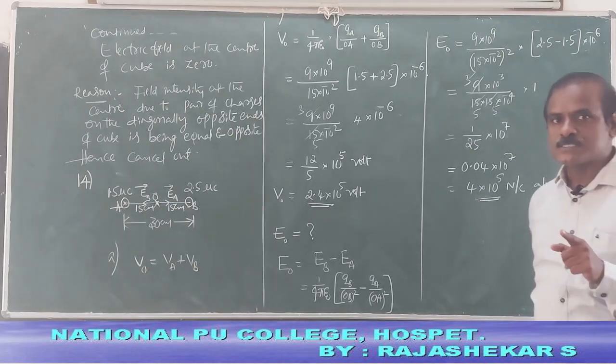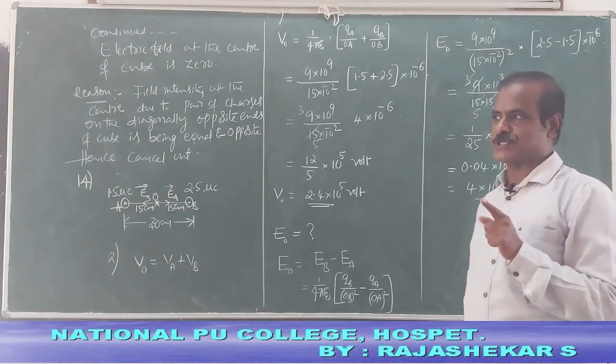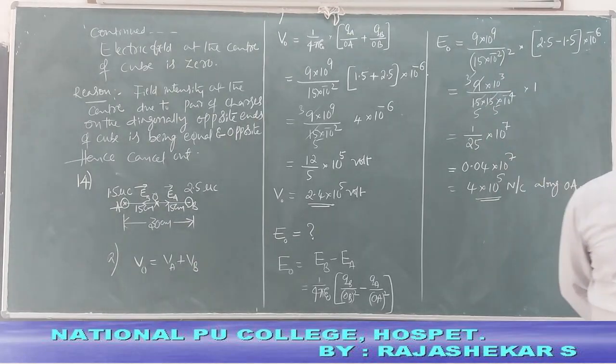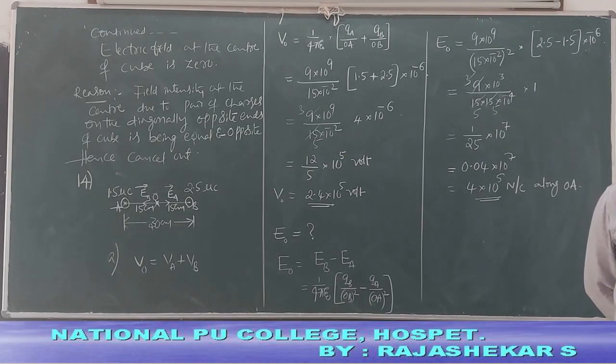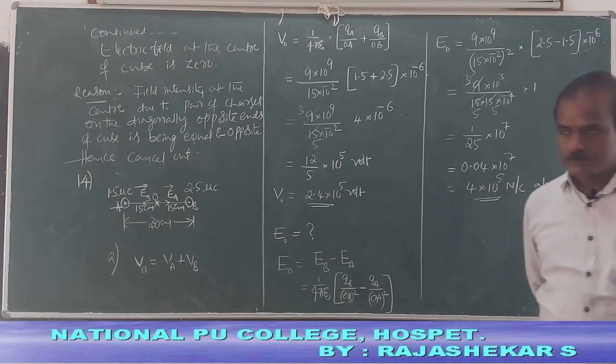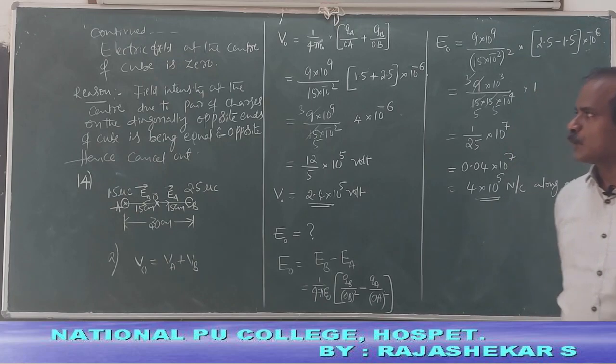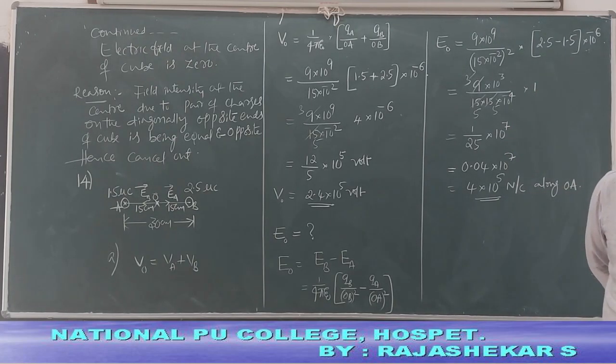Still we have to answer the second part of the question, that is the B part. What is the B part of the question? At a point 10 centimeter from the midpoint in a plane normal to the line and passing through the midpoint.